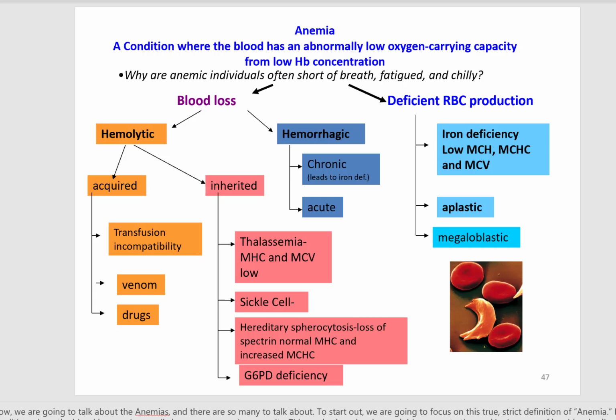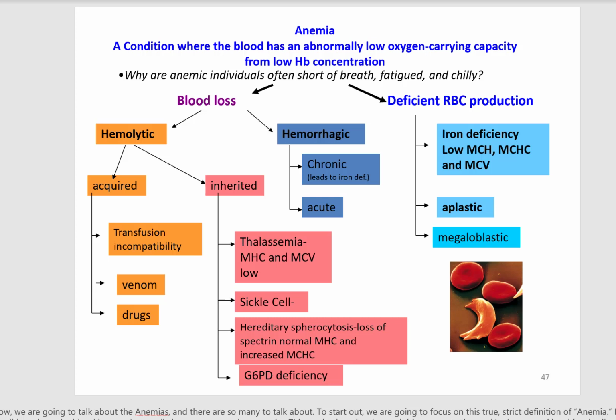If you're exposed to certain drugs or venoms, say from hemolytic rattlesnake venom, those can also be reasons why your red blood cells could be attacked and removed from circulation.